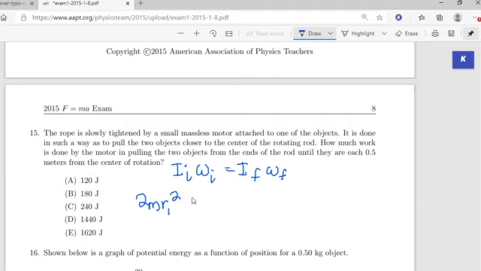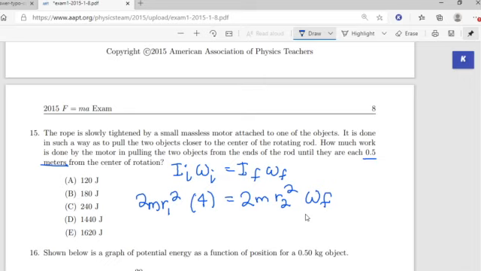Okay, and then the initial angular velocity is 4, and now our final momentum, so it says they're 0.5 meters apart. So, we have 2, the mass still stays the same, and we have r2 squared times the final angular velocity.